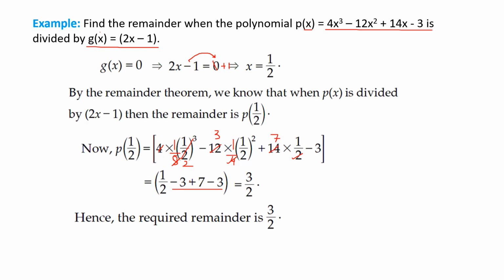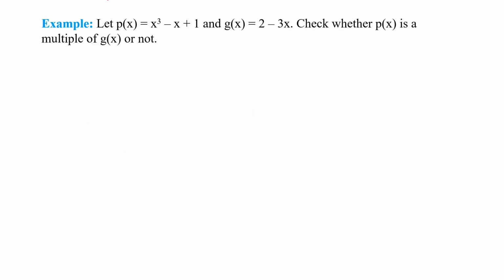Okay. Now we have to go through the second type of question, checking factor. So let p of x is equals to x cube minus x plus 1 and g of x is 2 minus 3x. Check whether p of x is a multiple of g of x or not. Yeah, check g of x is a factor of p of x, right?